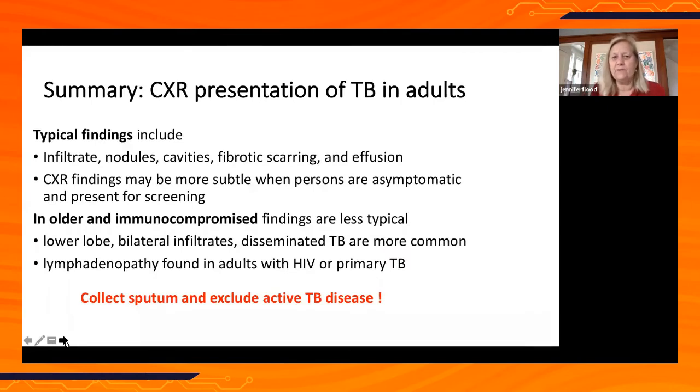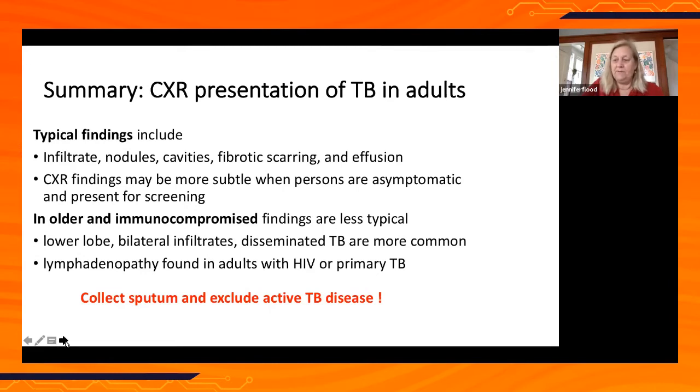So I'd like to summarize for a moment the chest x-ray presentation of TB in adults. Here are some key points. First, there are a range of typical chest x-ray findings, from infiltrate and cavity to nodules, fibrotic scarring, and effusions. But chest x-ray findings may be quite subtle with active TB, especially when persons are asymptomatic, presenting for screening at panel sites.